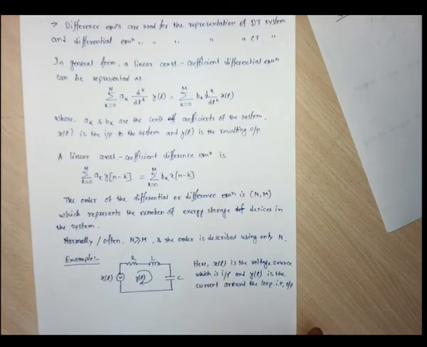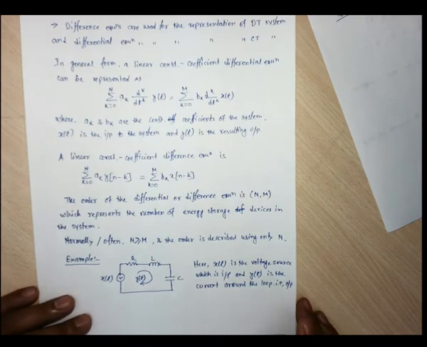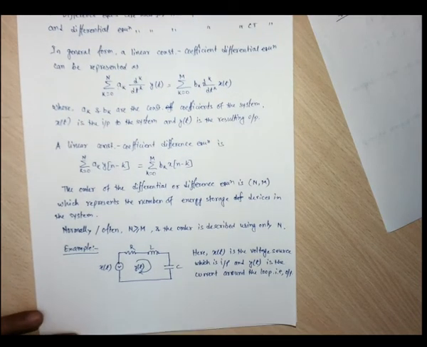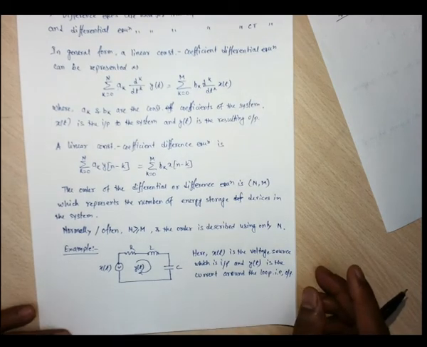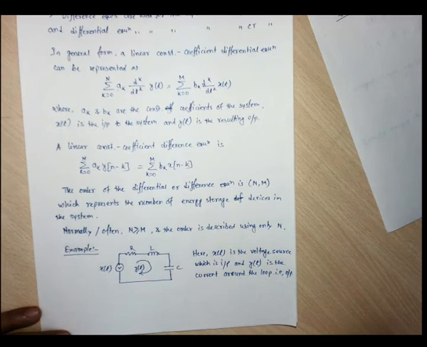Any doubt? Please move the screen downward. Now it is visible? Yes, sir. Okay. So x(t) is the voltage source given as the input, and y(t), the current flowing through this closed loop, is the output.